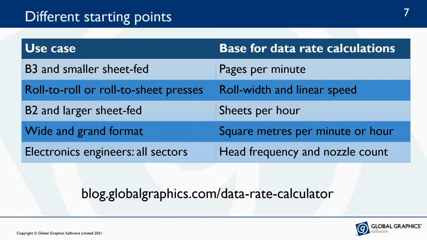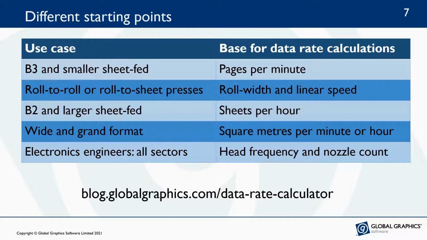But if you calculate from 30 sheets per minute, the data rate will be slightly higher than calculating from 120 pages per minute, because B3 is a bit bigger than 2 times A4. Don't worry about these kinds of differences. If you're looking at data rates to give you a foundation for designing your next DFE, then anything within 10 or even 20% of the correct value will be plenty good enough.